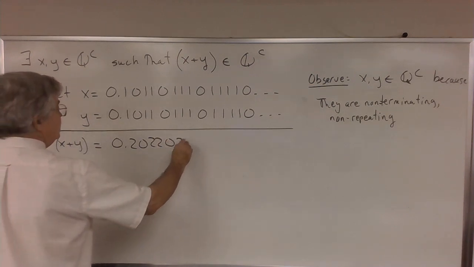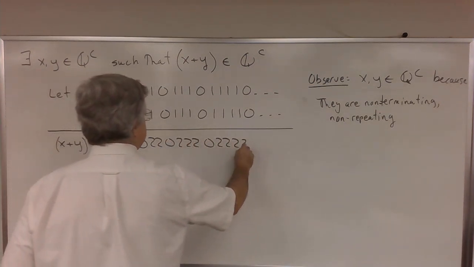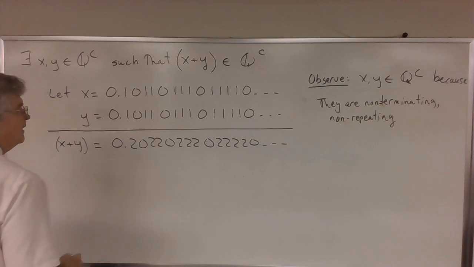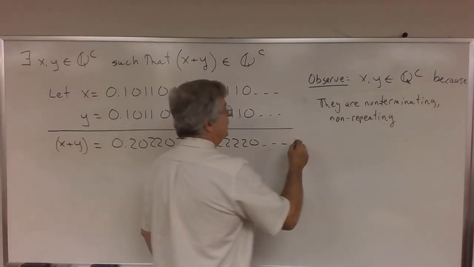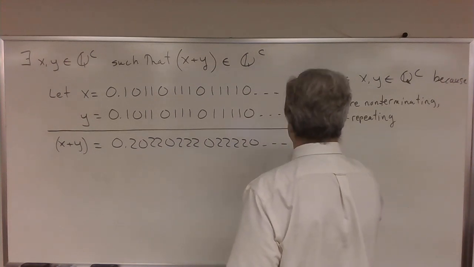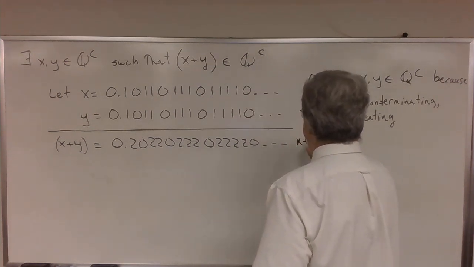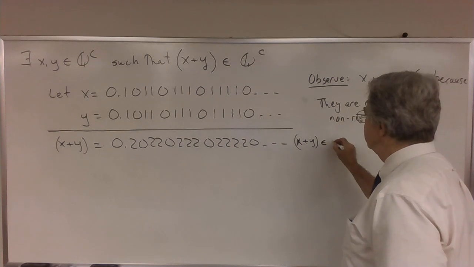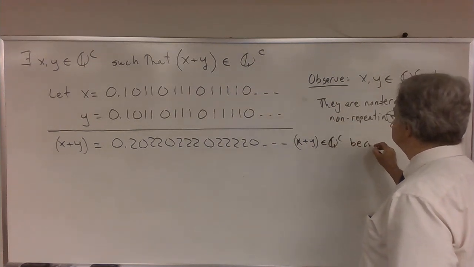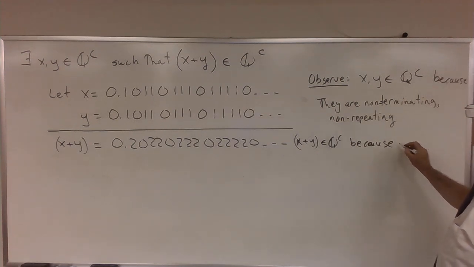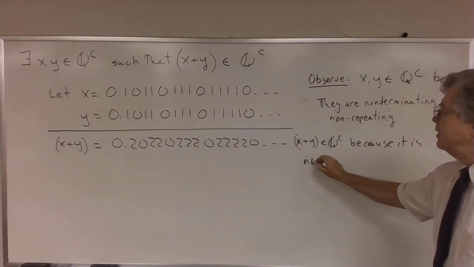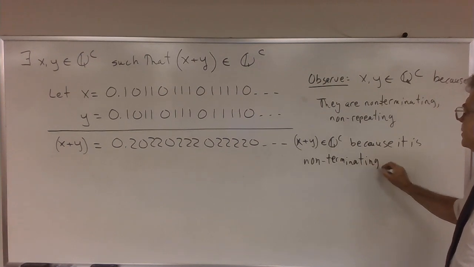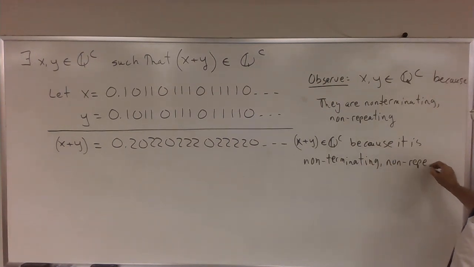0.2022022202222. See, x plus y is a member of the irrationals because it is non-terminating, non-repeating.